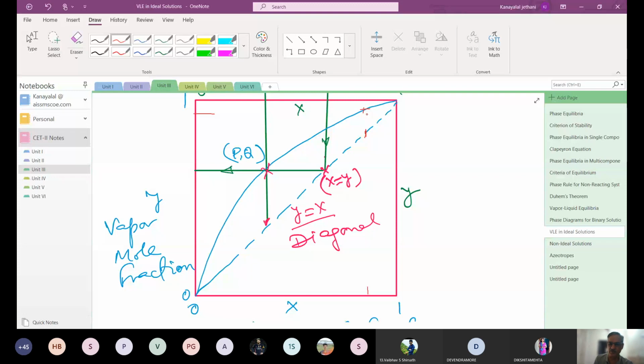That's how we separate the less volatile component from the more volatile component. Is that understood? Yes, sir. So let's solve another problem.